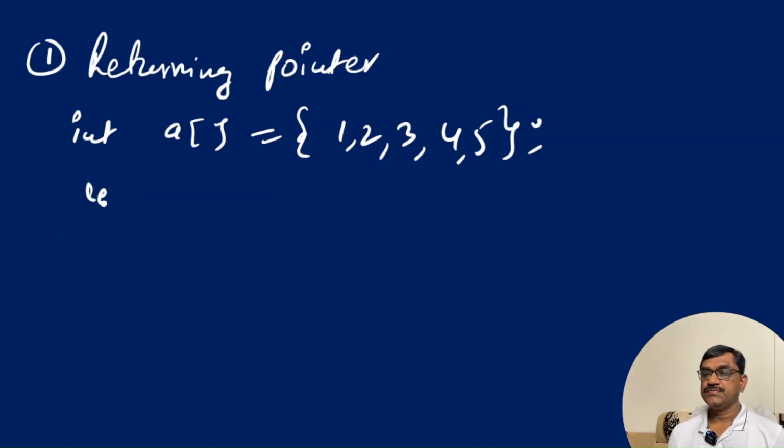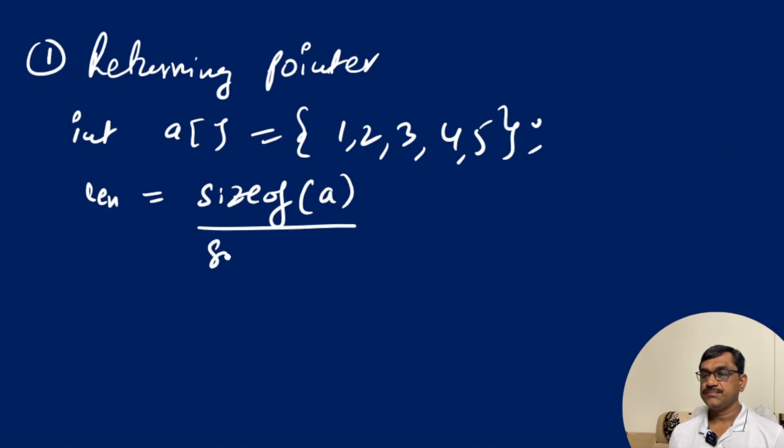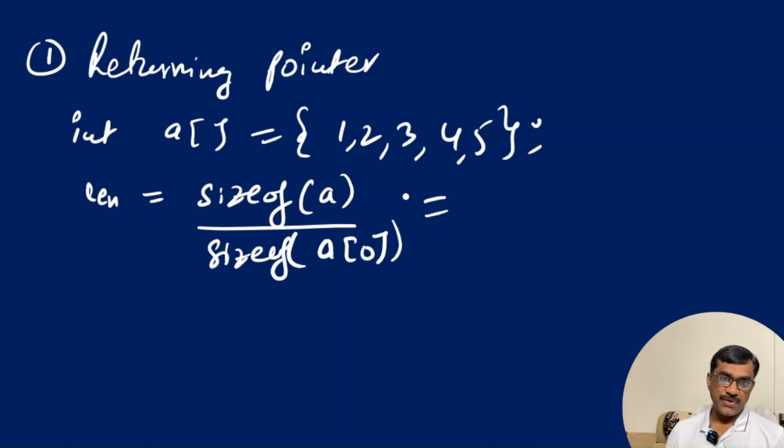The length can be given using the sizeof operator: sizeof a divided by sizeof of the first element, which I'm taking as a of 0. The sizeof operator gives the amount of memory allocated in bytes. How many elements are there in the array a?